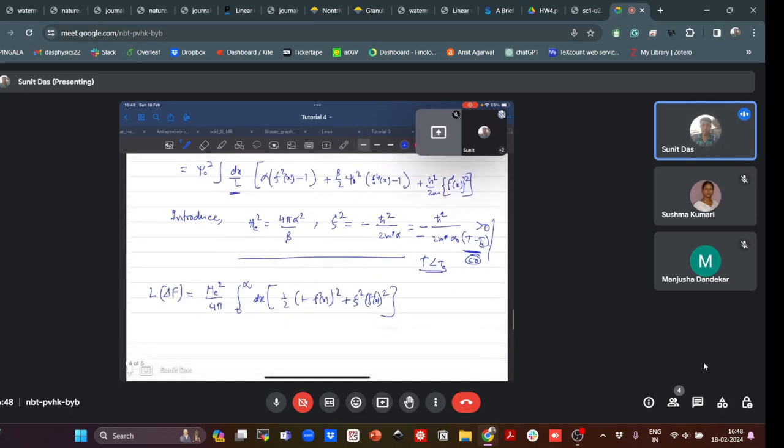How did we get this? We just used these two definitions and added these terms to write it as a full square, 1 minus f square x whole square. We have also used psi 0 square equal to minus alpha by beta. When we write it like that and put it there, we can get this form with xi square.